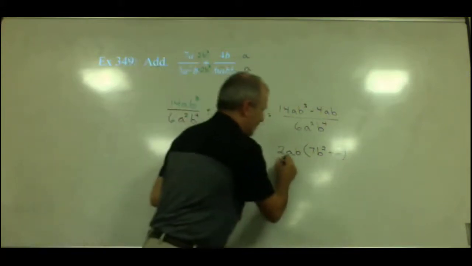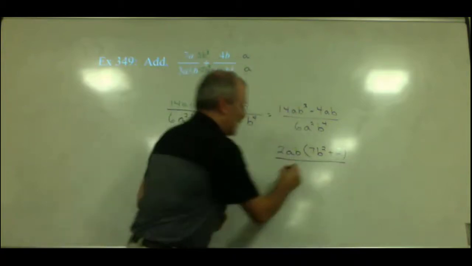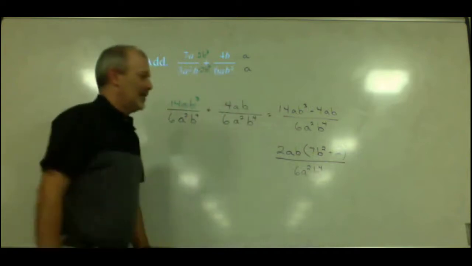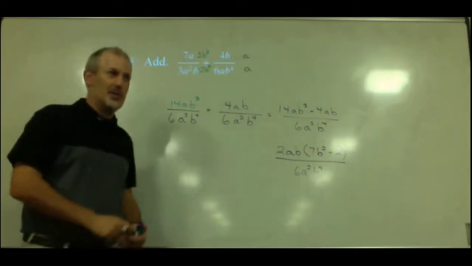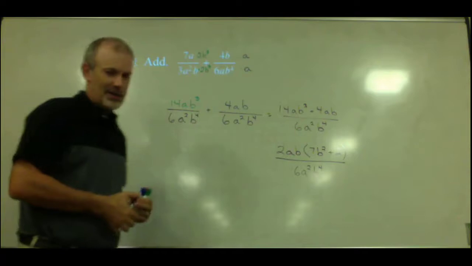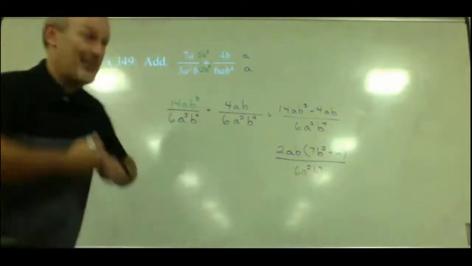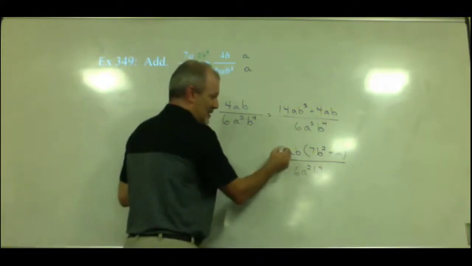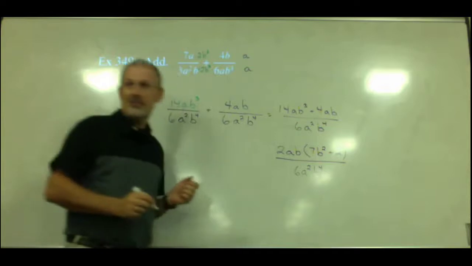Okay. And then on the bottom, we have 6a squared b to the fourth. We can divide, reduce. 2. Yeah. We can reduce. So here's where I should have been thinking about this earlier, but I wasn't. I was focused on the adding in the common denominator. So 2 can reduce with the 6, because notice this is times, times, times, right?